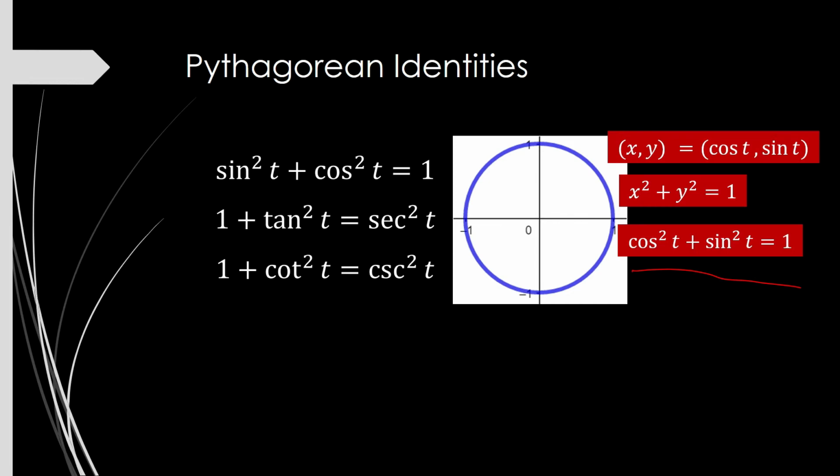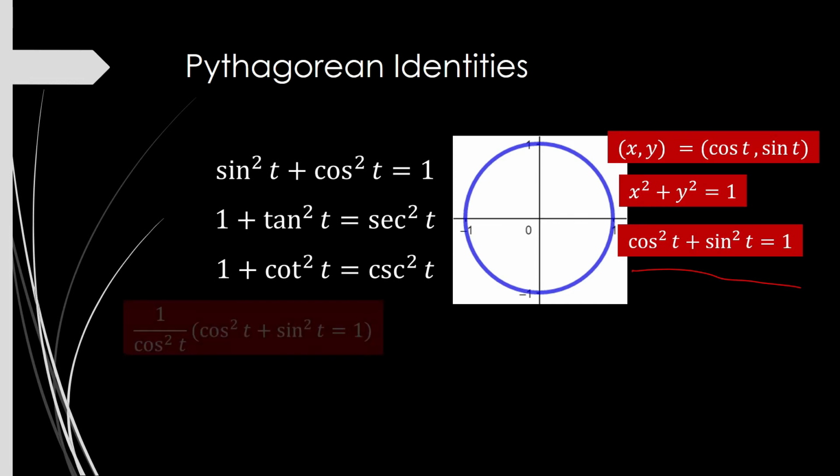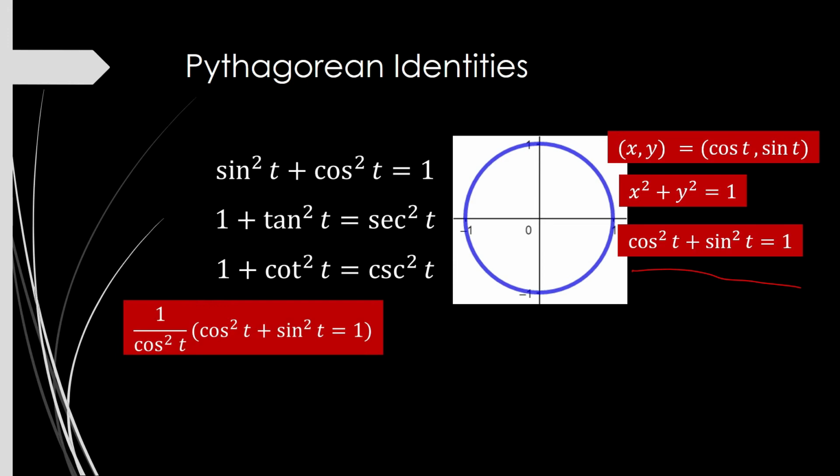What else? How about 1 plus the square of tangent of t is equal to the square of secant of t? Since we have shown that the first is true, let us use it to show that this is also true.